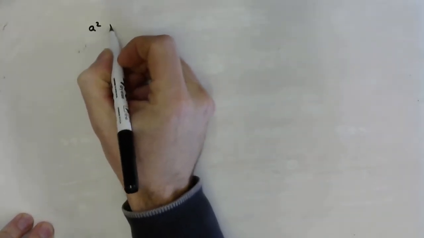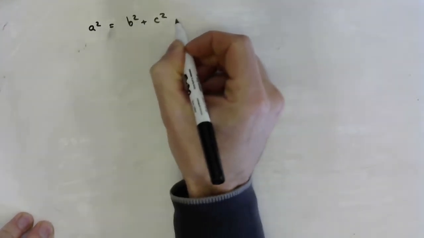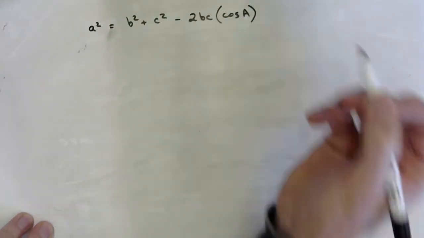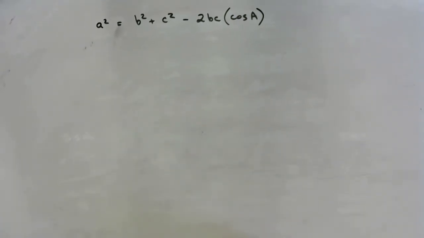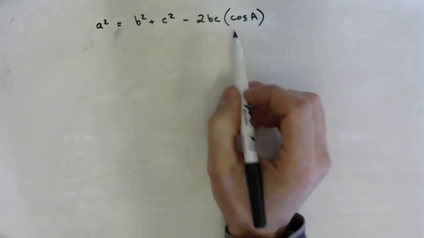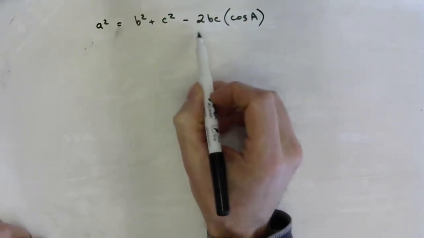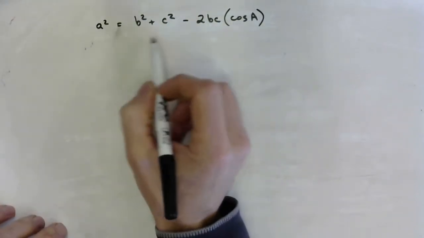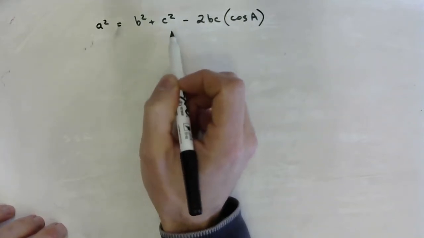I'm going to start with the one that we already know, which is a squared equals b squared plus c squared minus 2bc times the cosine of A. All I'm going to do here is use my order of operations in reverse in order to solve for the cosine of A. The cosine of A is in this big group of multiplication, so I'm going to leave that alone, and for now I'm just going to subtract b squared and c squared from both sides.